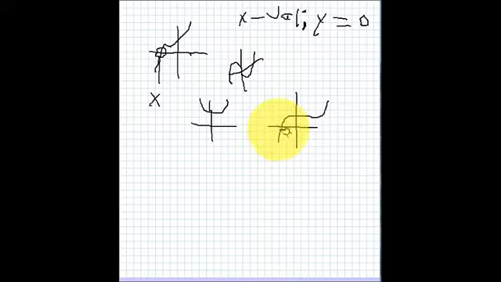When I told you to get the x-intercept, you just plug in y equals 0. Well, for this, you just plug in x equals 0 to get the y-intercept. If you think about why that's the case, it should make sense. If you follow this function and plug in x equals 0, it's right here, and so the y value is just this, which is the intercept.